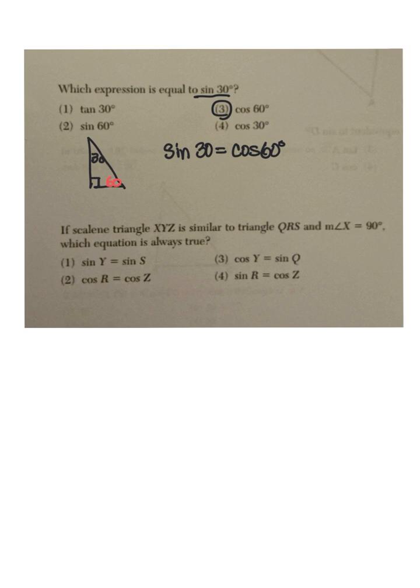So we have a scalene triangle. And remember, you studied that a scalene triangle just means that all the sides in that triangle are a different length. It says if scalene triangle XYZ is similar to triangle QRS. But look at this, from this triangle right here, they're telling you X is 90 degrees. So you have a scalene triangle that's a right triangle.